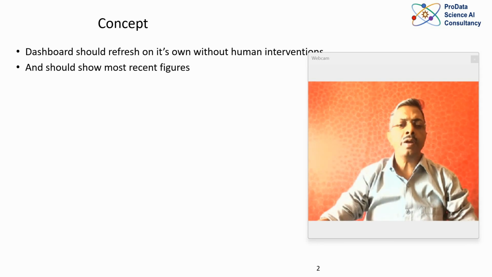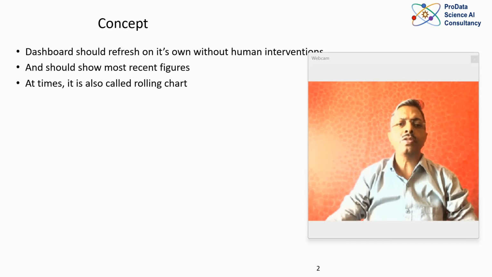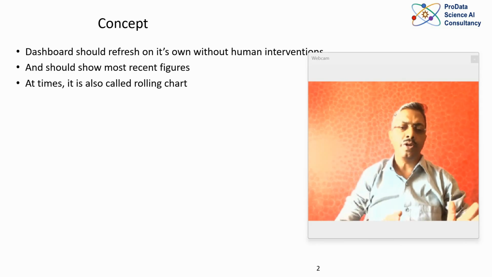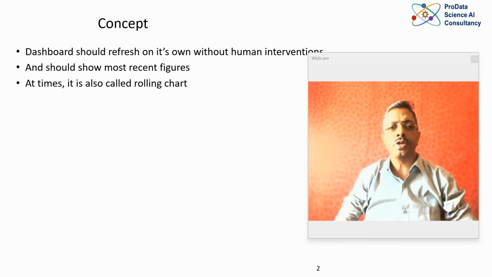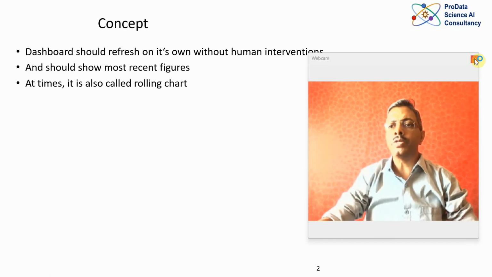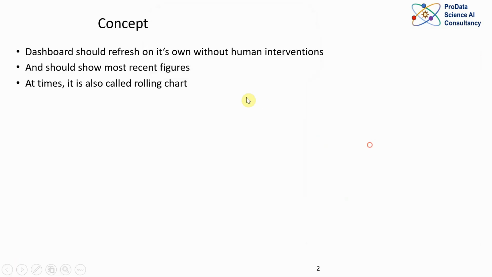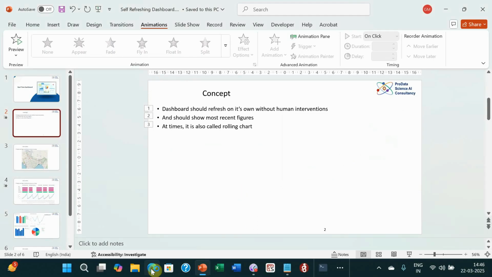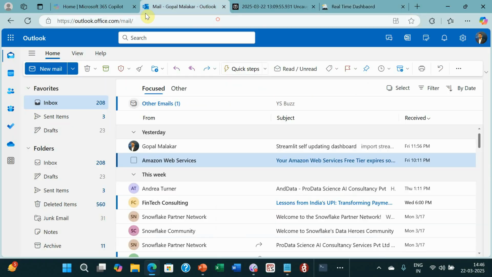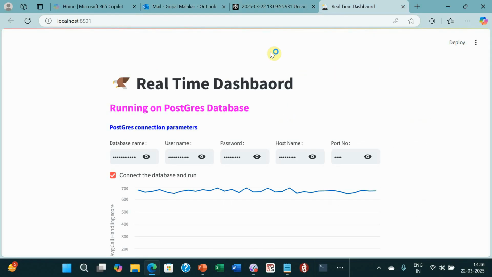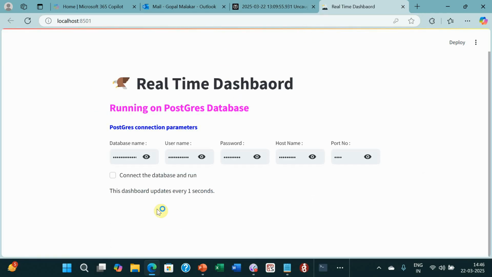Sometimes a real-time dashboard is also called a rolling chart because it shows you the last 30 seconds of data on its own going forward. Let me show you an example so that you can relate to this much better. Here you have a system, and this system refreshes data every second.